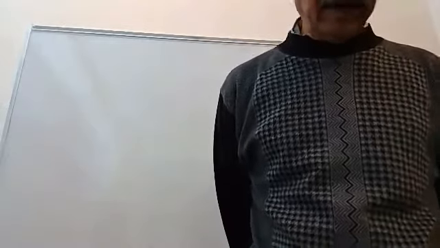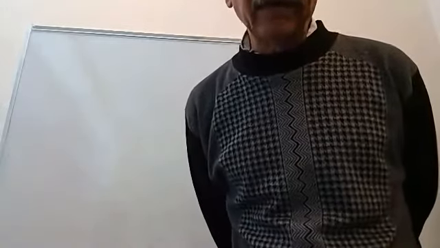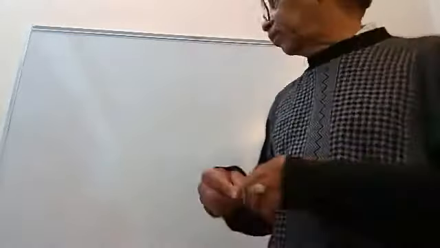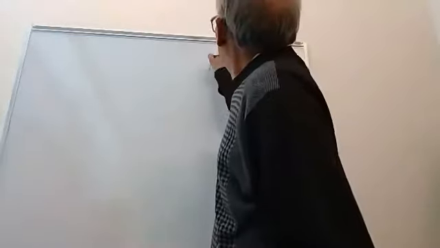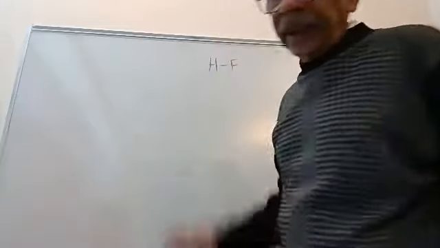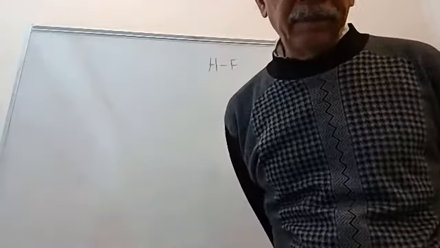And there was the question about how people calculate the electronegativities according to Pauling's scale. Okay, let me do that very quickly, taking HF as an example.